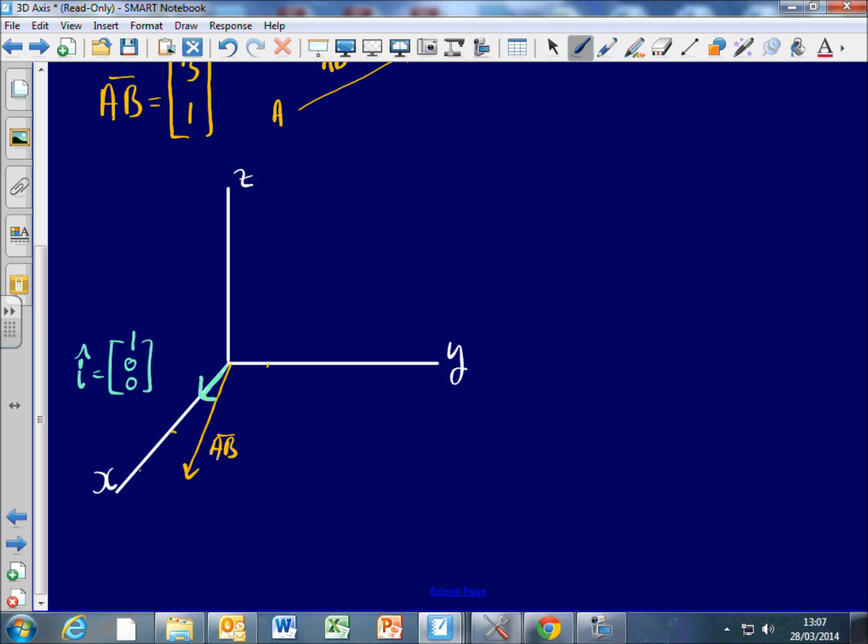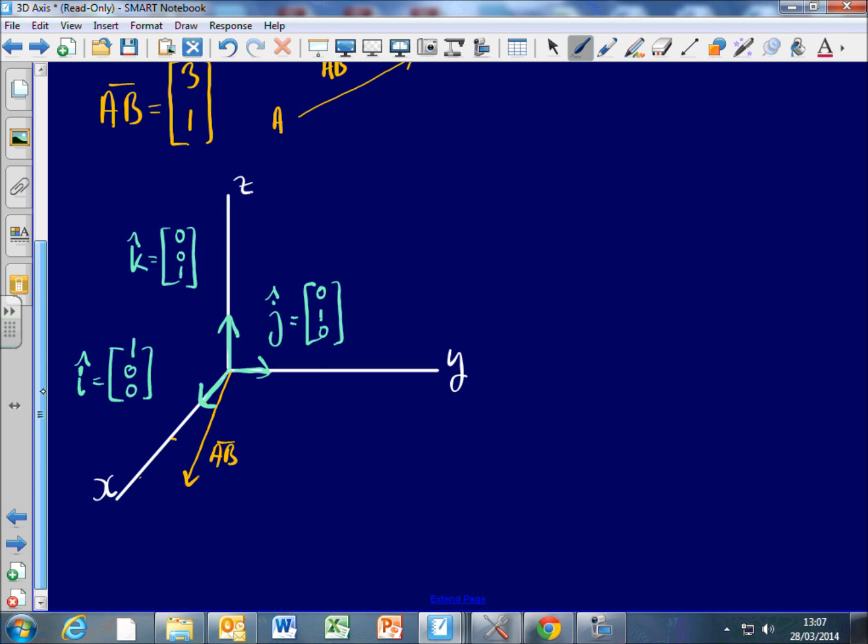In the Y direction, j. So j is going to be (0, 1, 0). And then in the Z direction, 1 unit, it's going to be k. And that looks like that, (0, 0, 1). Does everyone remember doing that?